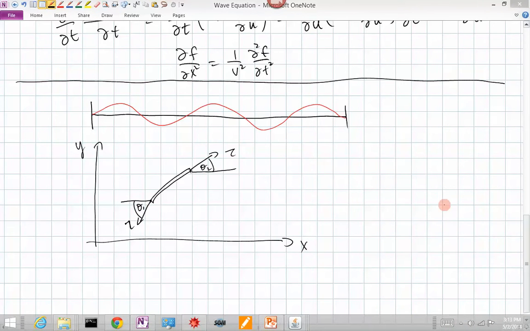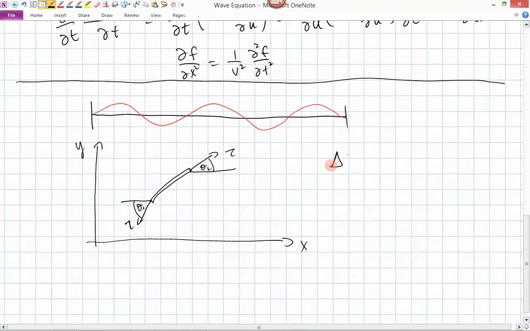Now, by Newton's second law, we know that in the y direction, delta F in the y direction, which is the force pulling up minus the force pulling down, is equal to mass times acceleration. So delta Fy is equal to, what is the mass?